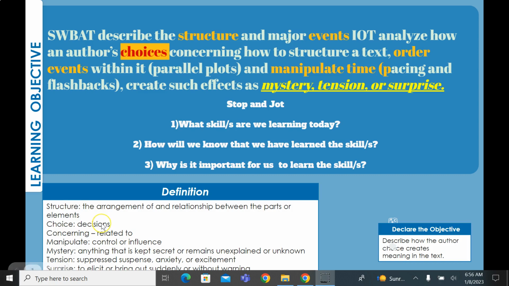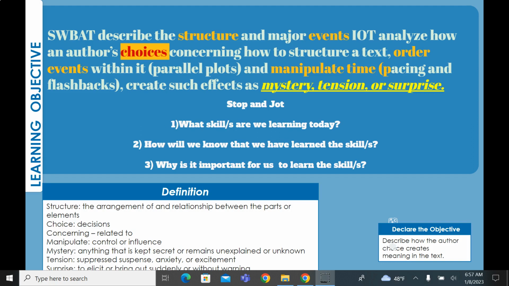When we're talking about structure, we're talking about the arrangement of the text, or the arrangement of certain parts of the text. One of the words that you heard me say last week was when I was talking about format. So that's basically what we're talking about. We're talking about structure or the format of the text. Again, we're talking about decisions that the author made.